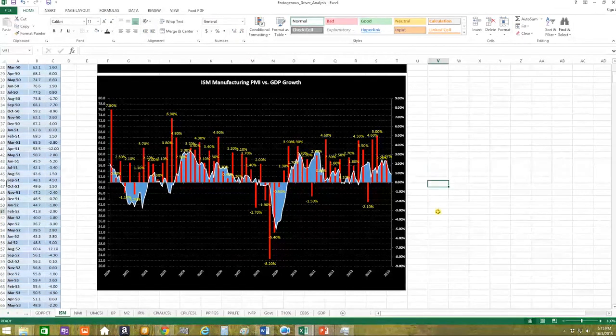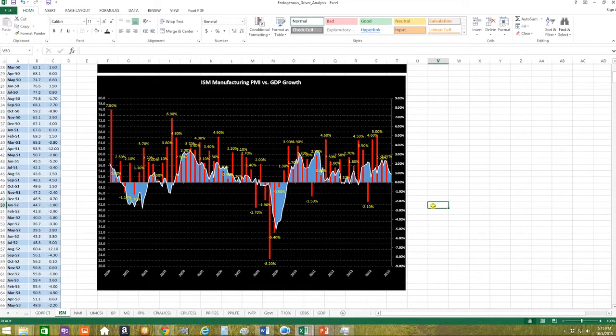So the 4 things to remember with the ISM, the 4 things to really understand, are the principles of growing and contracting. So 50 and above predicts growth. 50 and below predicts contraction. But also we have peaks and troughs. So the peaks in the ISM are when inflation essentially is extremely high and potentially out of control.